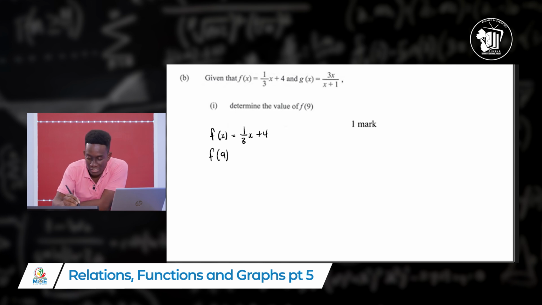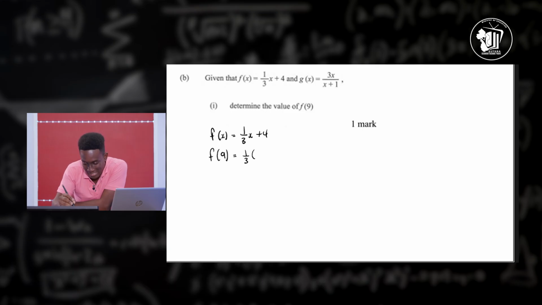This will be 1 over 3 multiplied by 9, plus 4. 9 divided by 3 is 3, plus 4 is simply 7. So f of 9 is equal to 7, and that is as easy as that for that 1 mark.